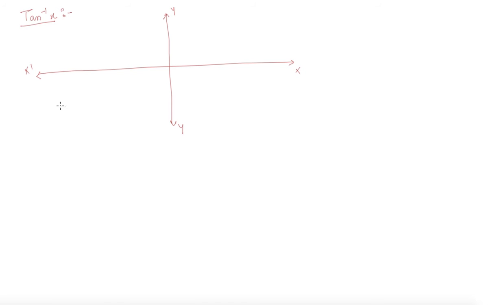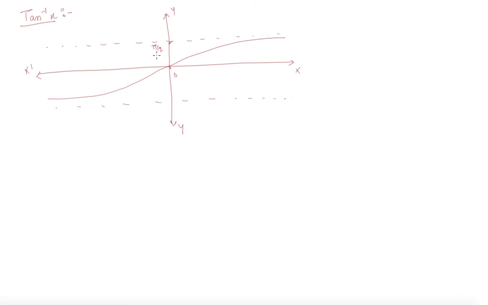The graph of this function moves like this. This point is 0 and this point is pi by 2.